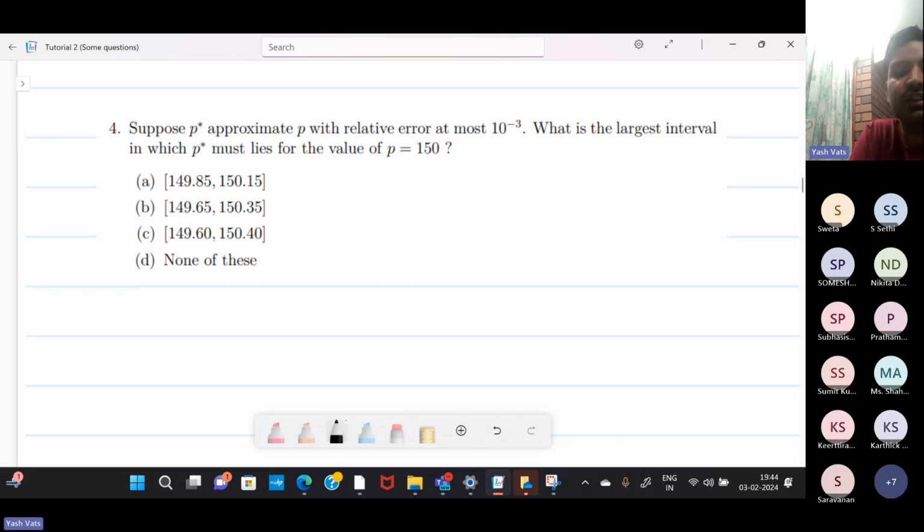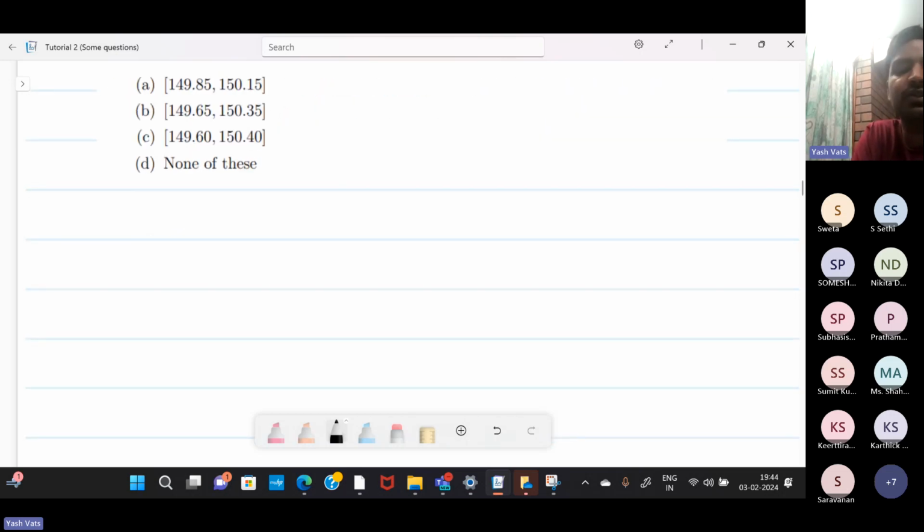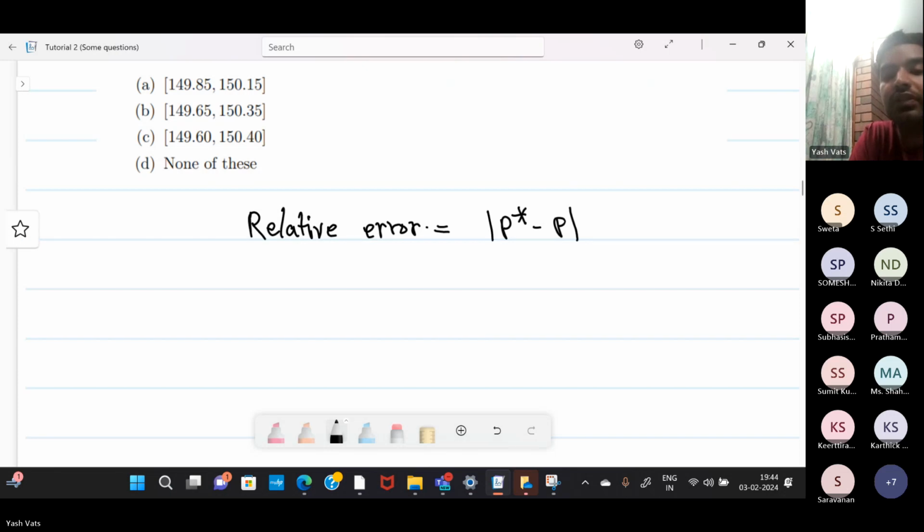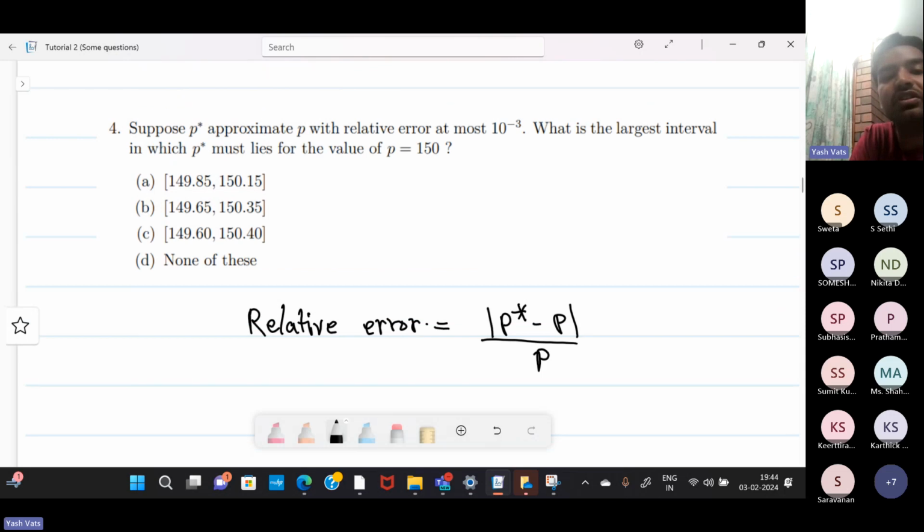But what is relative error? Let me write this down. So relative error is P star minus P, divided by P. Think, is this the correct definition?